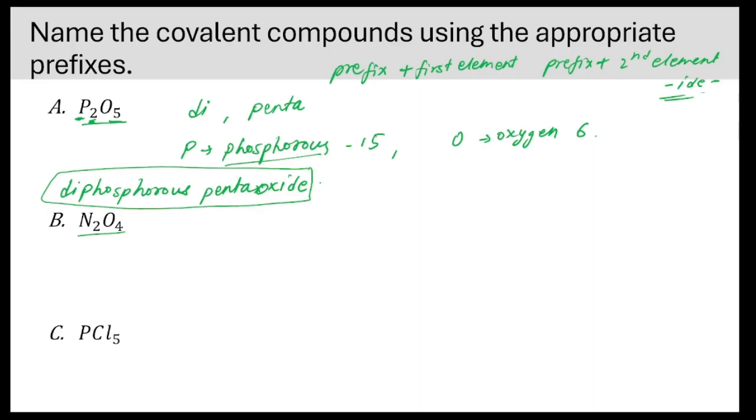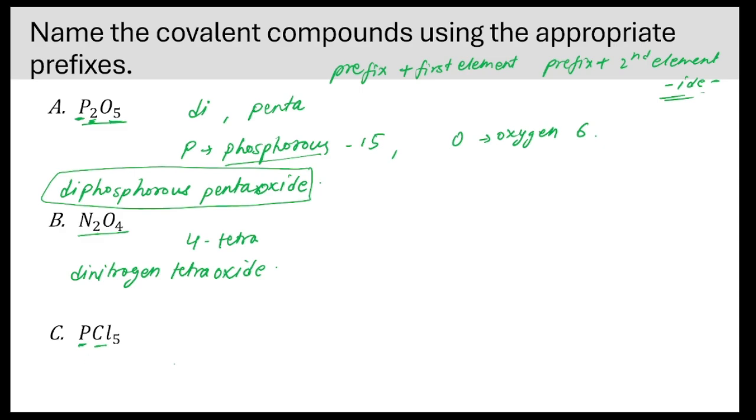Similarly here, this is nitrogen, di, and then oxygen, there are 4, and for 4 this is tetra, so this is dinitrogen tetraoxide. Similarly here again, this is phosphorus and this is chlorine.